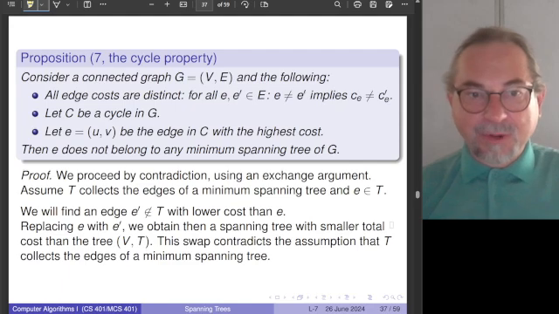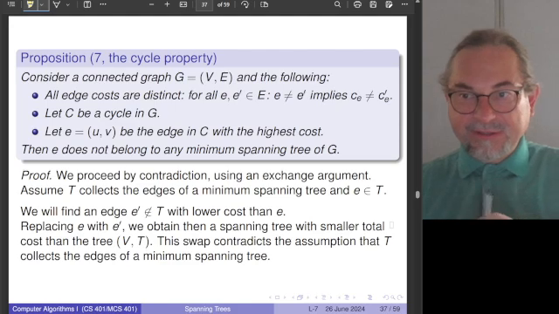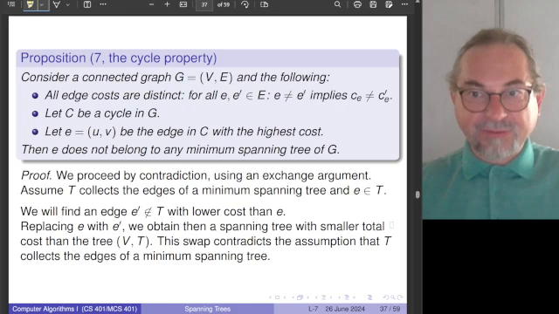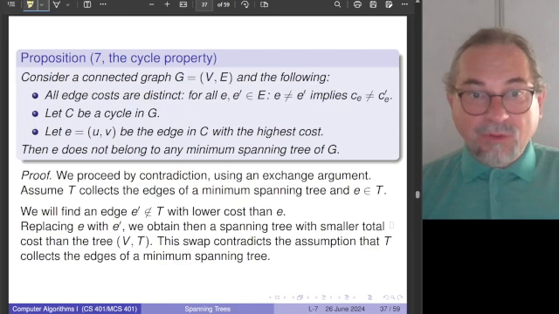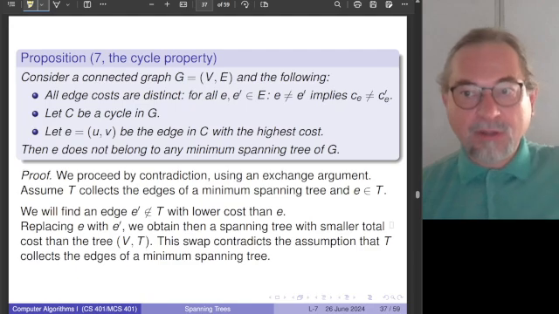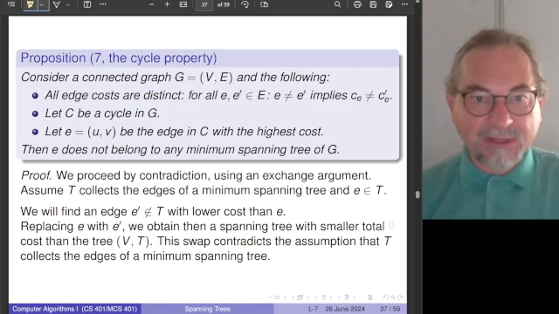So the cycle property is actually the language considering edges with highest costs. Eliminating edges with the highest costs is something that the reverse delete algorithm does. So in a way, we will prove this property, and that property will lead to the optimality of the reverse delete algorithm.